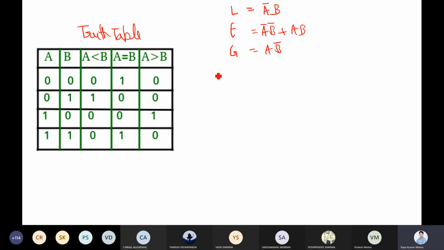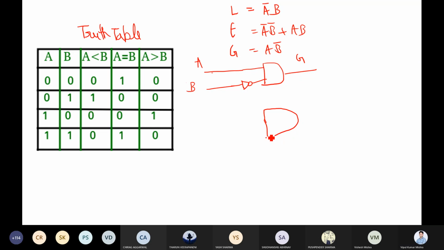Let me take A, and B bar will feed. So this is your greater than, A B bar. In case of less than, it's A bar B. So you got your less than.